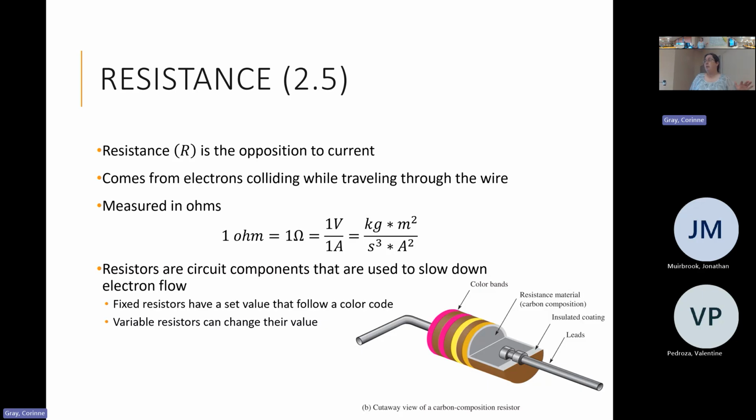Primarily what we're going to deal with in this class is the fixed resistor with a set value. So let's go ahead and look at what that's going to be. But before I do, any questions about resistors?